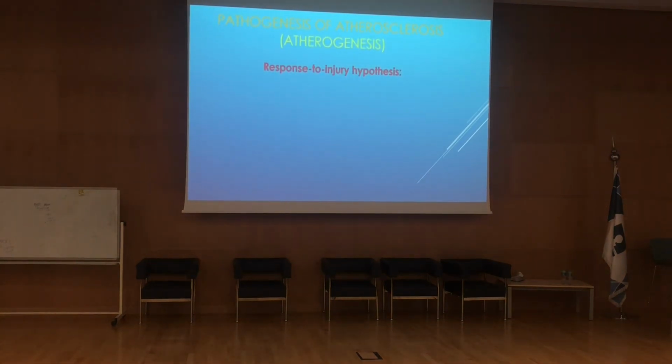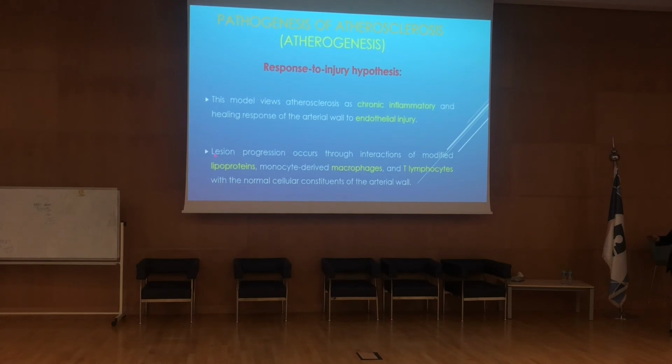Now this response to injury hypothesis, which is atherogenesis, this model views atherosclerosis as a chronic inflammatory and healing response of the arterial wall to endothelial injury. So chronic inflammation and endothelial injury click with one another, right? How? The lesion progression occurs through interaction of modified lipoprotein.